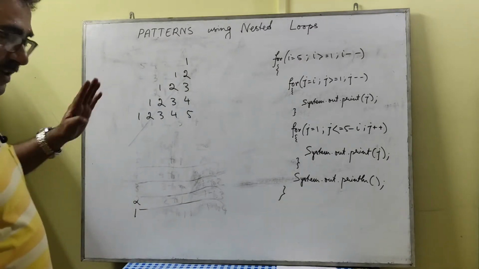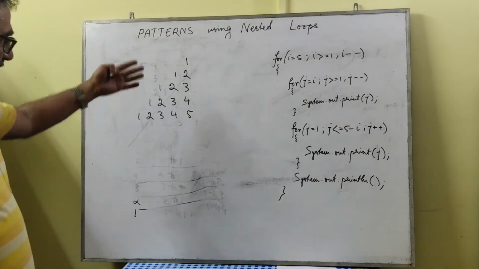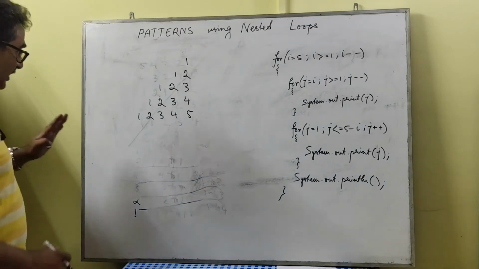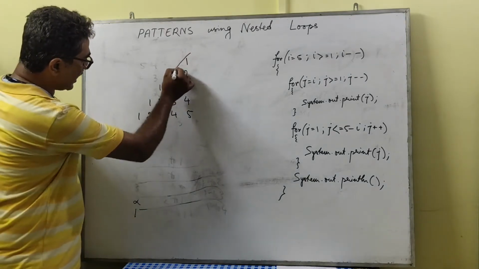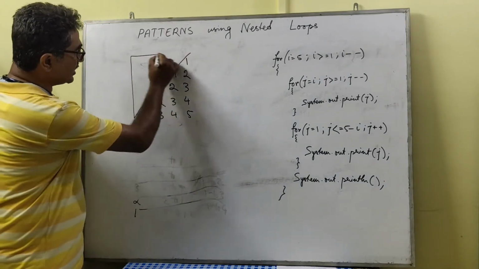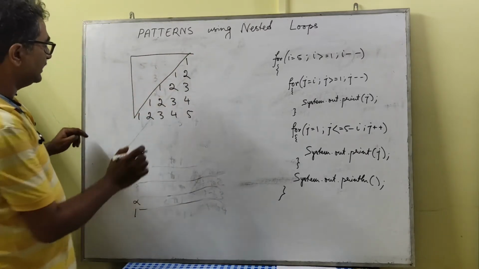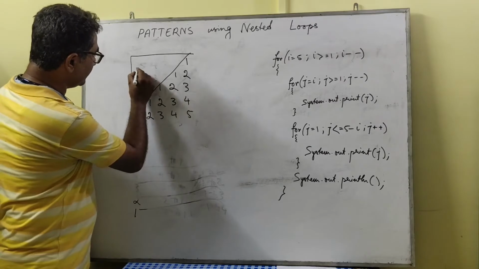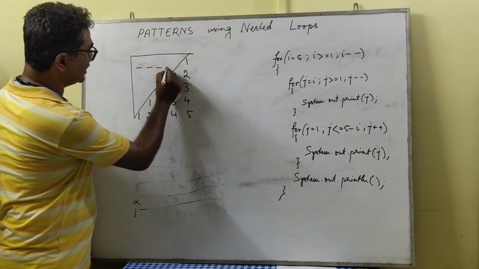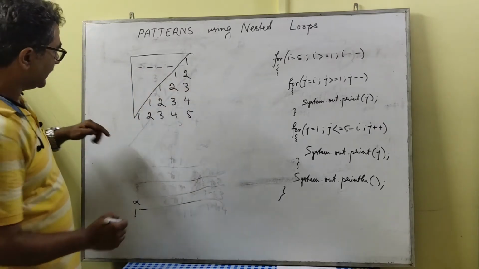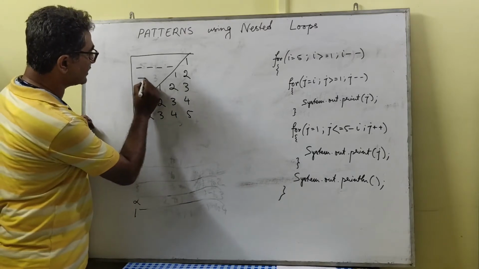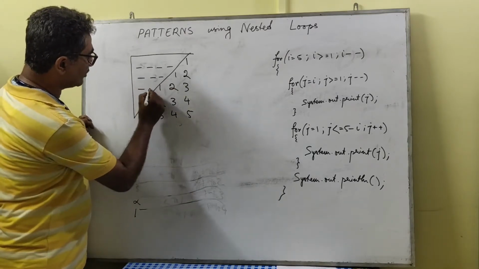Now, here, once again, we can use the same technique we had learned earlier. But this time, this half, we can imagine it to be a pattern of spaces. Even a space is a character in Java. So here you can imagine there are 4 spaces. So each of these dashes indicates a space. And here we have 3 spaces. Here we have 2 spaces.